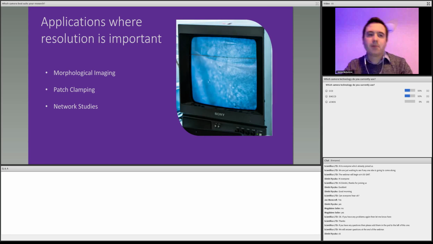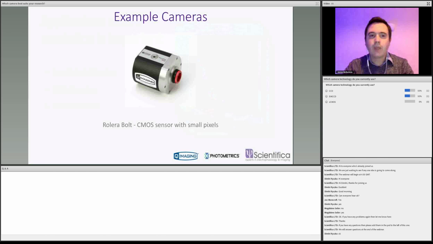So where that becomes important is if you're patching and where you're really looking at very, very fine structures. So for that, we generally recommend a few different cameras. We have the Rolera Bolt, which is perfect, small pixels, 3.5 micron pixels, and a high frame rate, 30 frames per second. So you get this live view and small pixels.